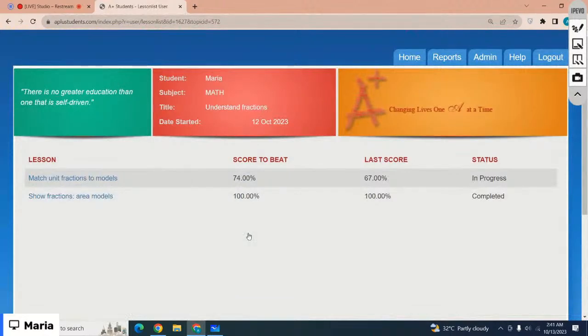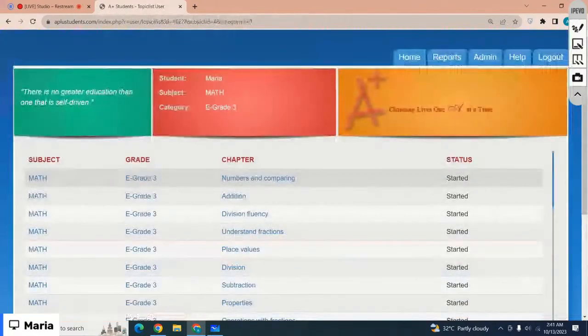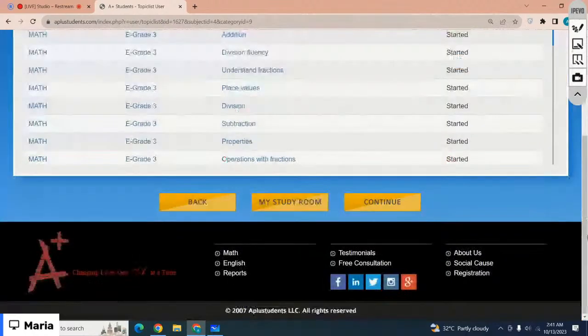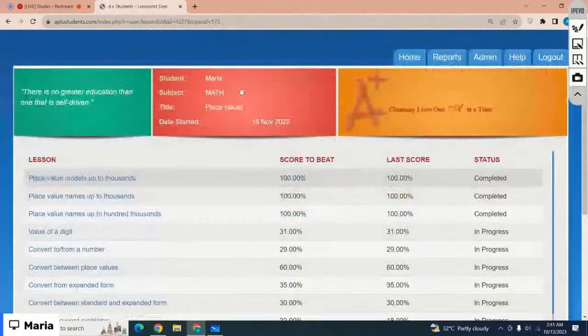Then we've started the chapter Place Values. The lessons we have covered are place value models up to thousands, place value names up to thousands, and place value names up to 100,000, right? So please make sure before the next session you complete all these lessons. That is your homework to complete your practice questions, right?